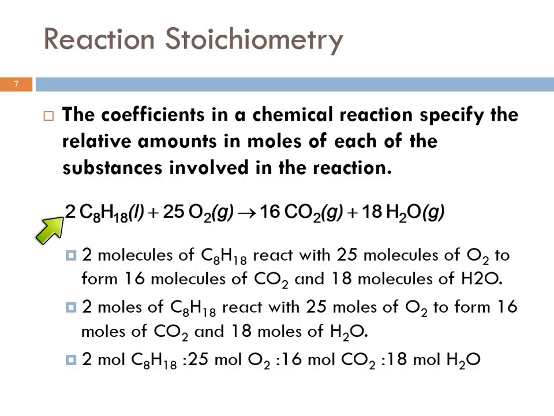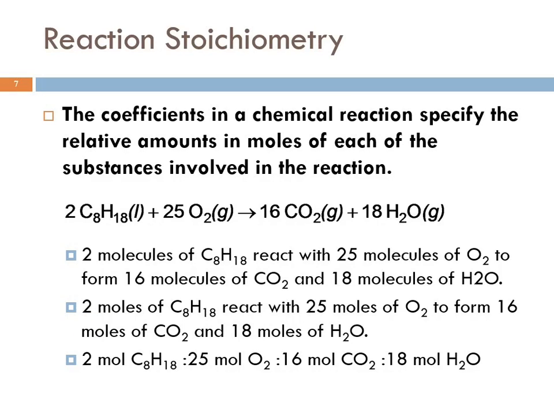So this can be interpreted on a particle level. 2 molecules react with 25 molecules, or in terms of moles, 2 moles of this react with 25 moles of that. So this gives us ratios of particles, ratios of moles. It does not give ratios of masses.